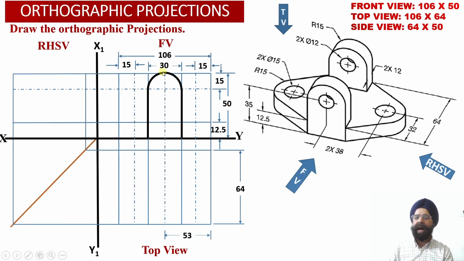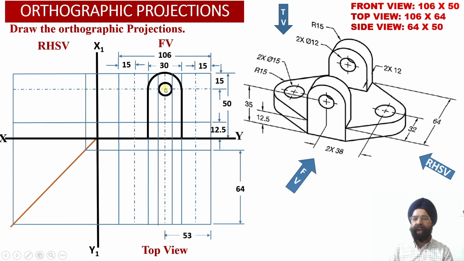So once we mark this arc over here, now two vertical projector lines we have marked into the front view projections. Now we can mark the circular portion of this hole, which can be drawn corresponding to the center point which we have already located.